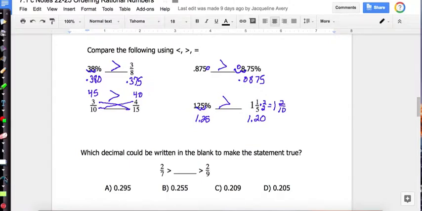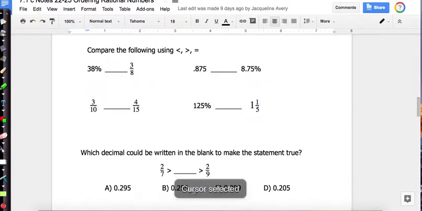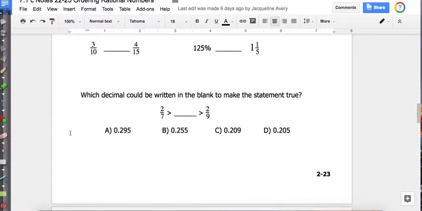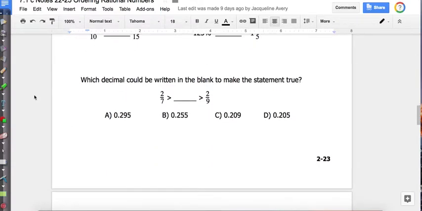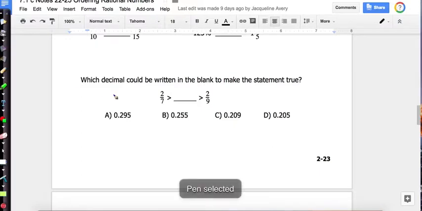Okay, let's take a look at one more example. Which decimal could be written in the blank to make this statement true? So what I want to do is change both of these to decimals. So is 2/7 a friendly fraction? It is absolutely not. So what we can do is the 2 drops down and 7 climbs the ladder.